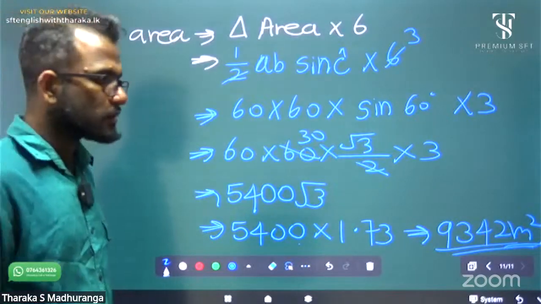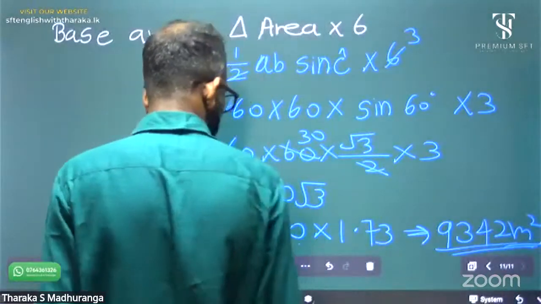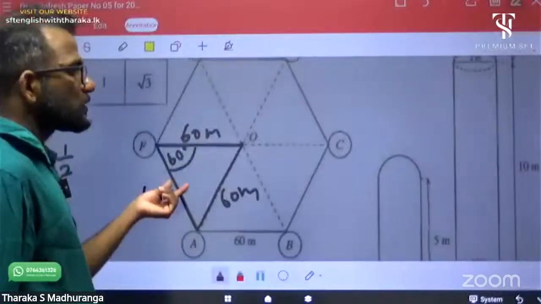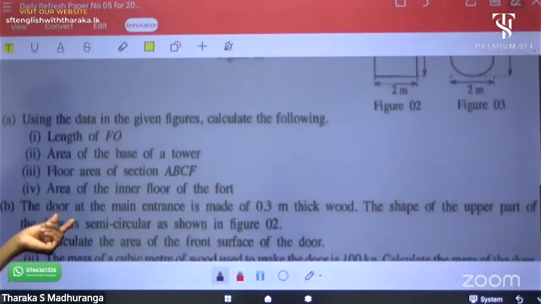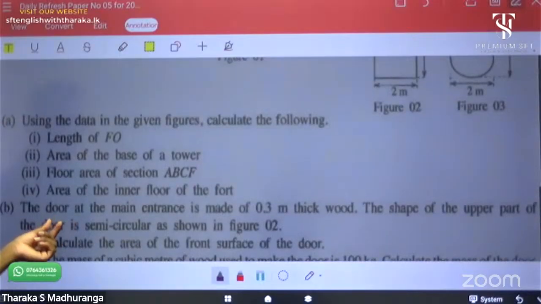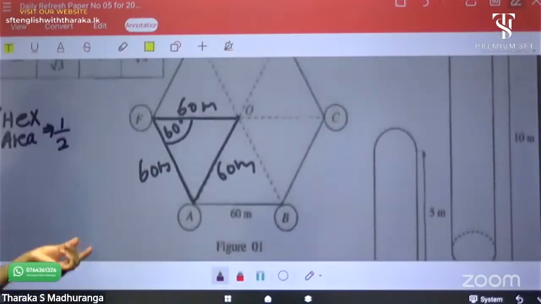Sorry, now correct. Area done. Floor area of the section ABCF. ABCF.